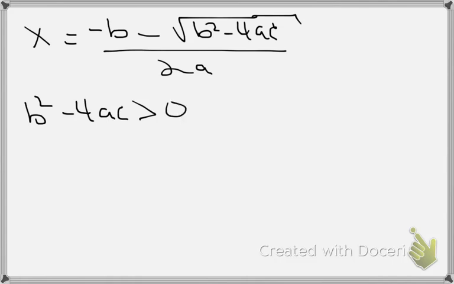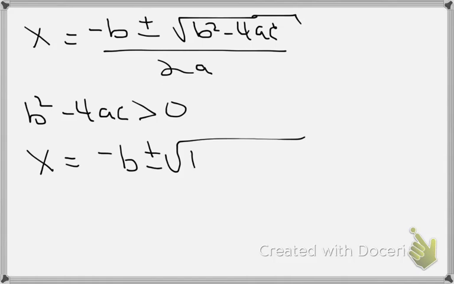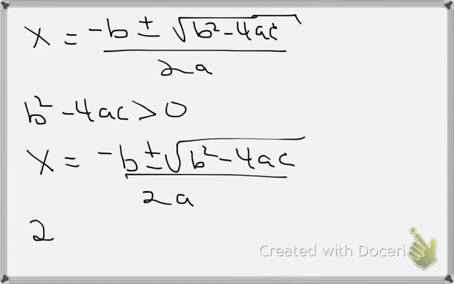If that's the case, then the stuff underneath the radical is greater than 0, so I get a solution that's plus or minus. x is equal to minus b plus or minus square root of b squared minus 4ac over 2a. So I will get two real roots. And in this case, they will be distinct. That's if b squared minus 4ac is greater than 0.